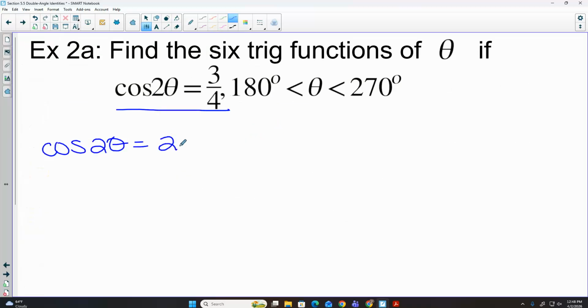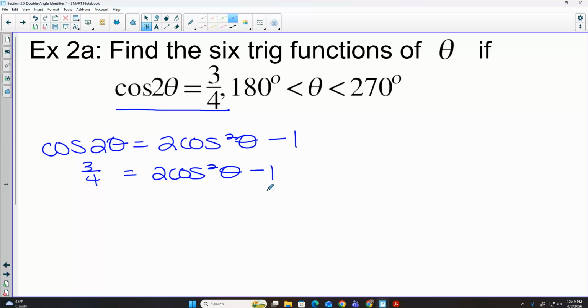So that is 2 cosine squared theta minus 1. I have cosine of 2 theta, so that goes in for cosine 2 theta. What would I need to do now if I'm trying to find cosine theta?